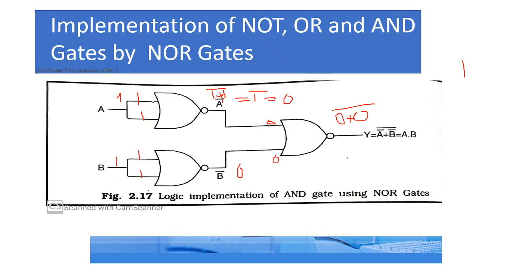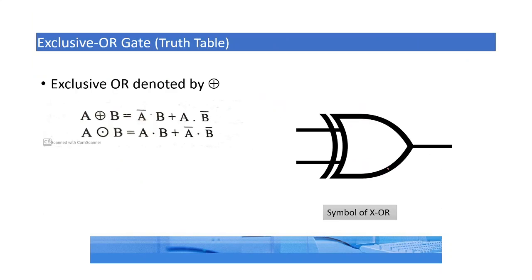So 0 plus 0 is 0 and its complement is 1. So when the input is A equal to 1 and B equal to 1, the output is 1. And this one is the implementation of the AND gate with the help of three NOR gates.